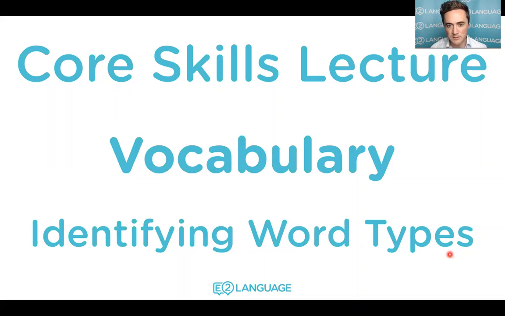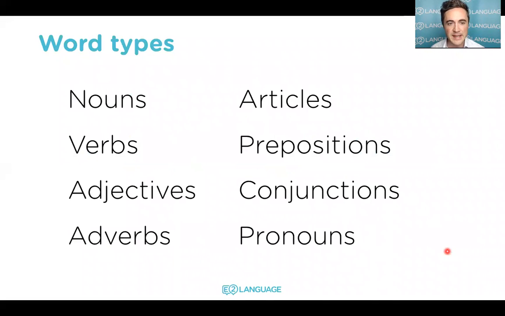If you know what the verbs are, you can say, okay, are these verbs past tense, future tense, progressive tense, etc. If you know what the prepositions are, you can ask yourself, are they correct, etc. So one of the first steps to getting to perfection in English is knowing how to identify the different types of words.